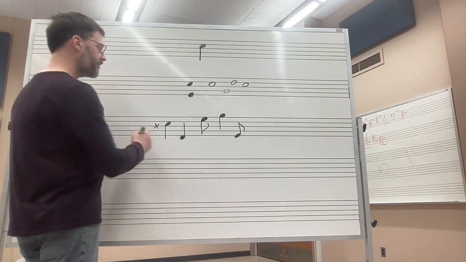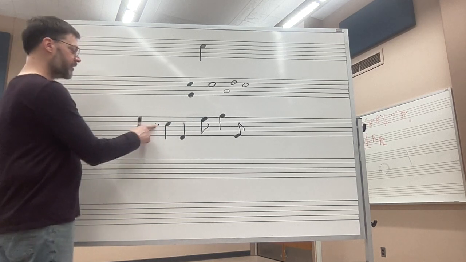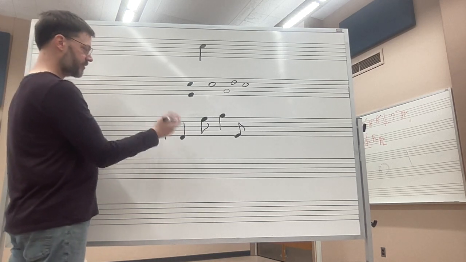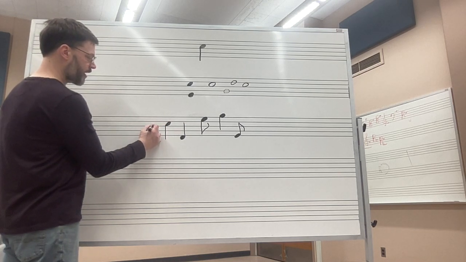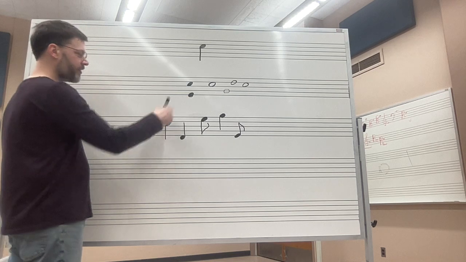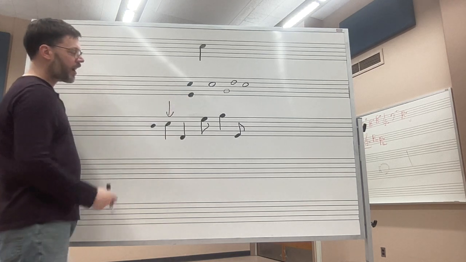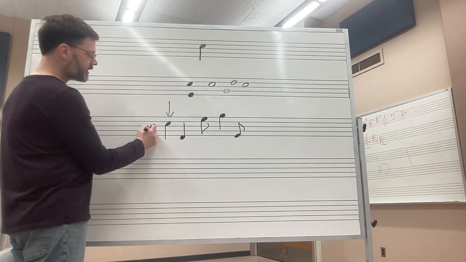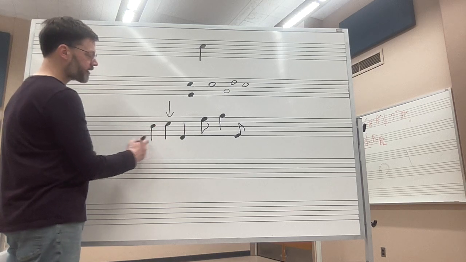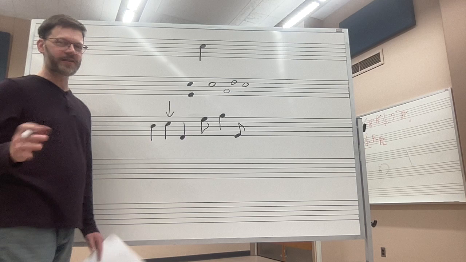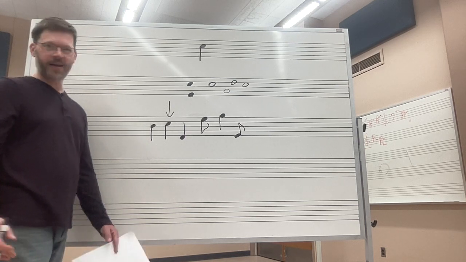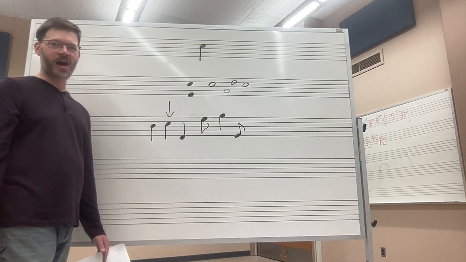And that's it. And then what happens if it's on the middle line? Well, it kind of depends on the context. I'm going to make a note right here on the middle line, and I have another note nearby where the stem is going down. In this case, I'm going to make the stem go down because it's just easier to read when it's near these other notes. Sometimes it's just a call that you have to make, and most of the time it's fine.